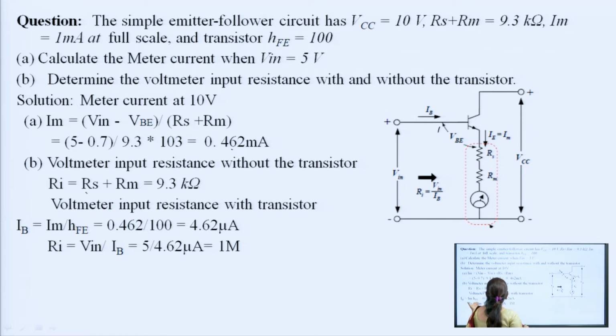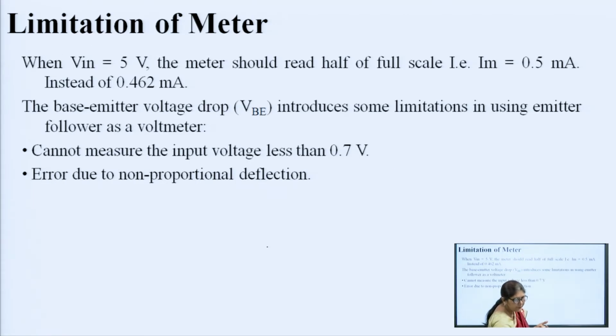When we find the input resistance, Ri is equal to V input by IB, that is 5 volt divided by 4.62 microampere. So, it is about 1 mega ohm. You can see that the input resistance is increased by 100 times because of using this transistor. That is the advantage of this electronic meter.